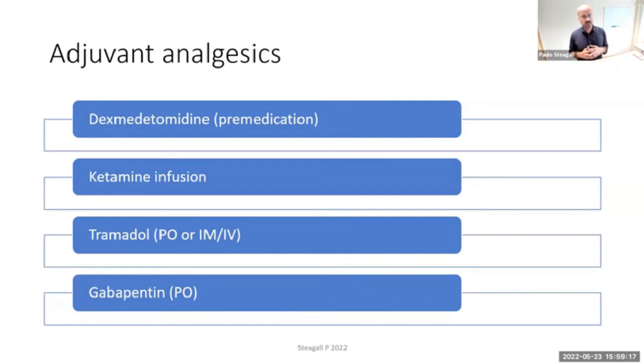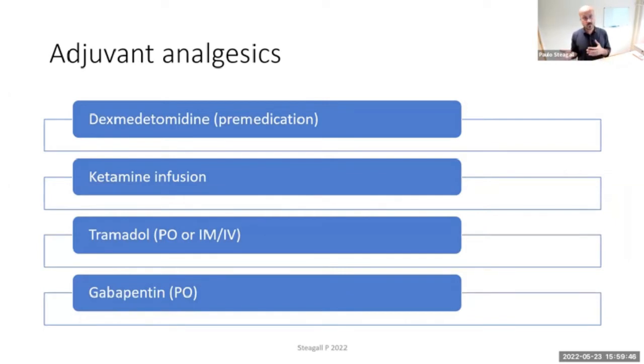How about adjuvant analgesics? Now we're talking about drugs that are not standalone analgesics, which should always be considered as part of the multimodal analgesic plan. The first one, dexmedetomidine: you could have sedation, you could reduce inhalant anesthetic requirements, but you can also have muscle relaxation and some analgesia, especially visceral analgesia.